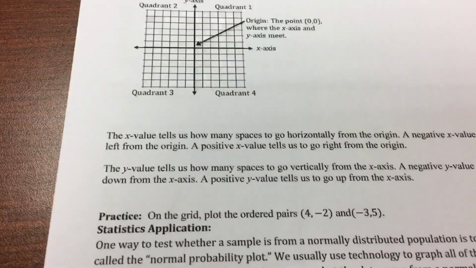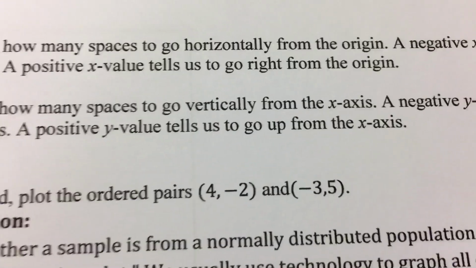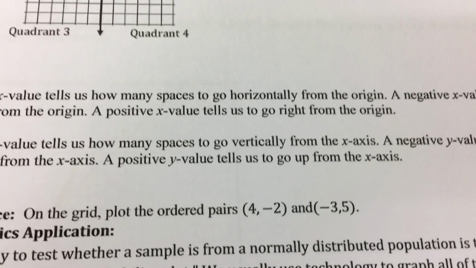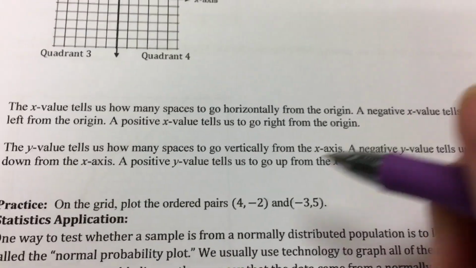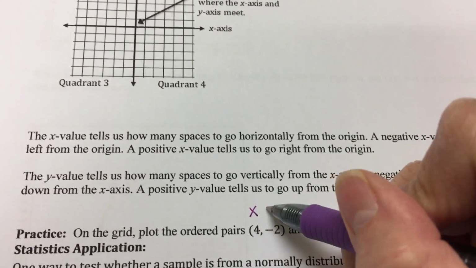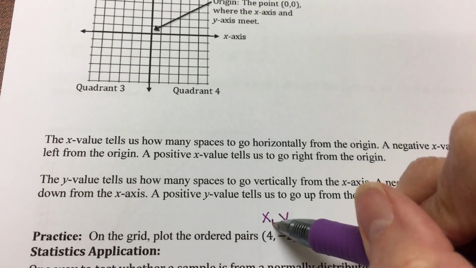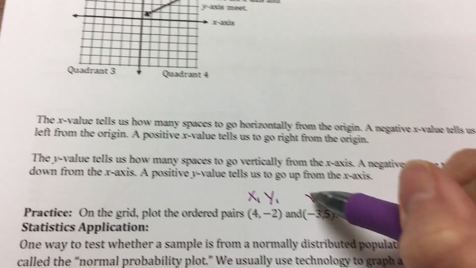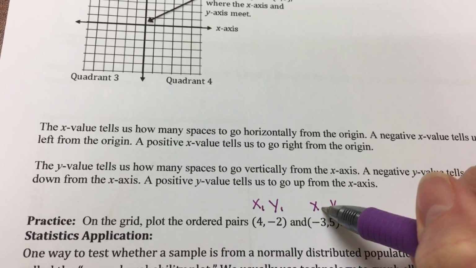And they're going to ask you to plot some points. So you're going to take your grid, you're going to take these 2 points and you're going to plot those. Remember, in an ordered pair, your first one is your x, this is y, that's your first point. This one is x, this is y, this is your second point.